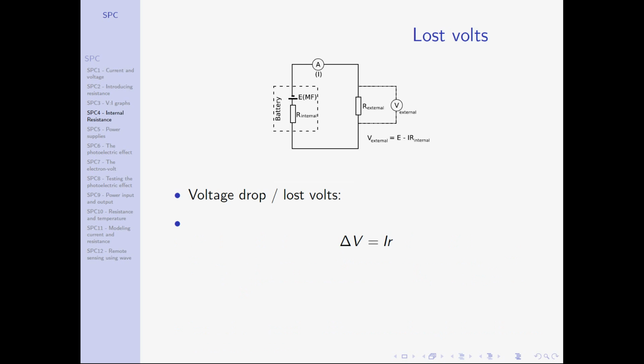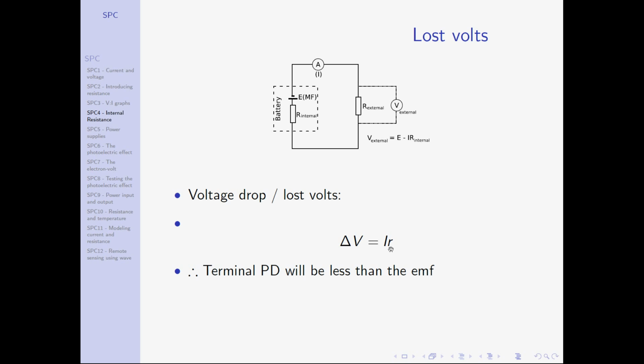And so how do we measure this? Well, V equals IR according to Ohm's law, and so if we have some current passing through the circuit, then the voltage drop across this internal resistance is equal to the current times the internal resistance.